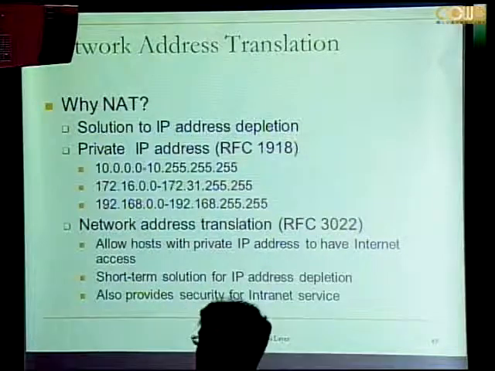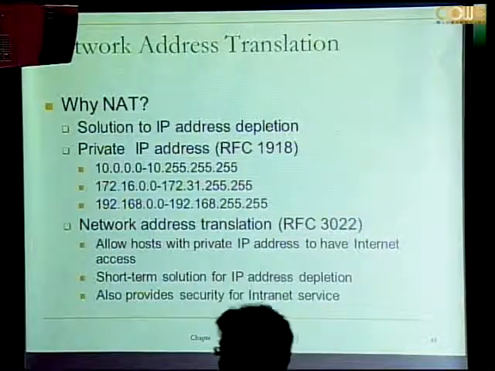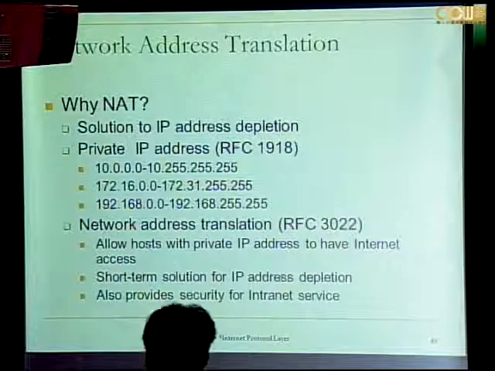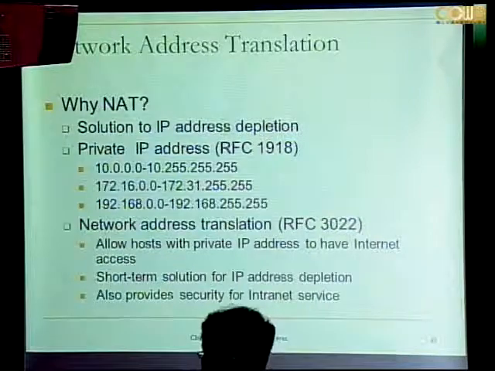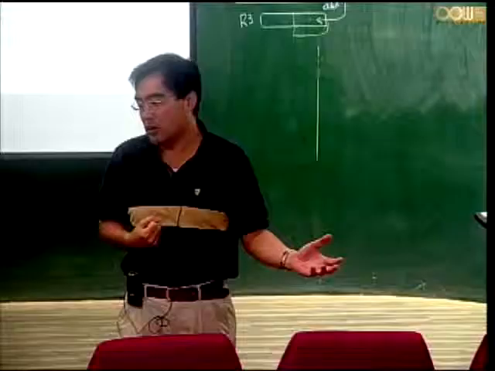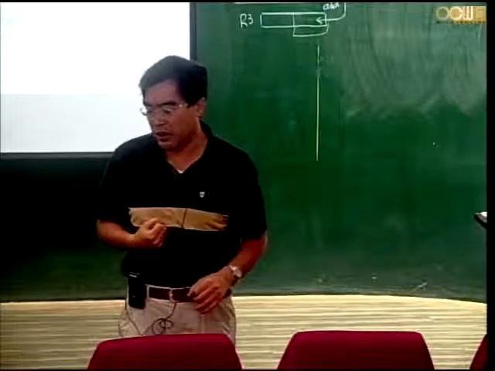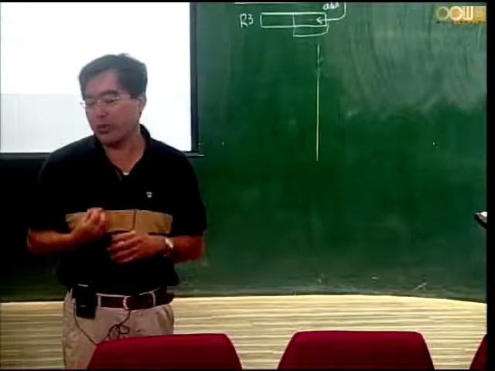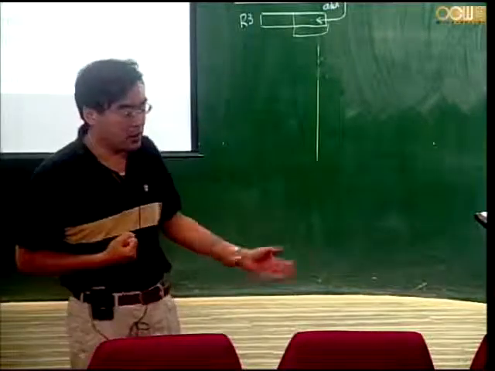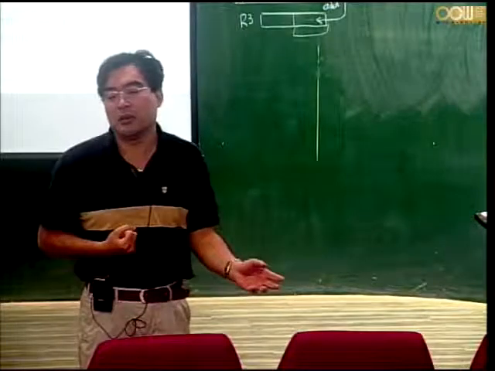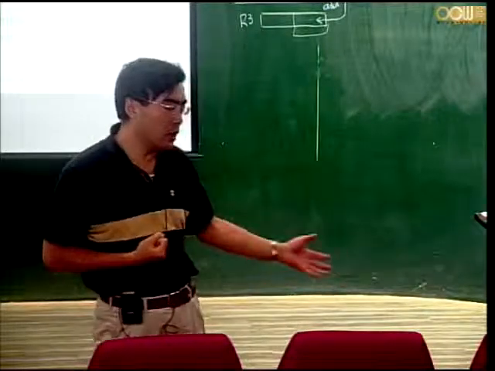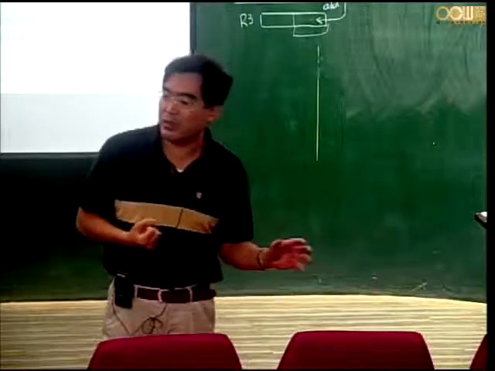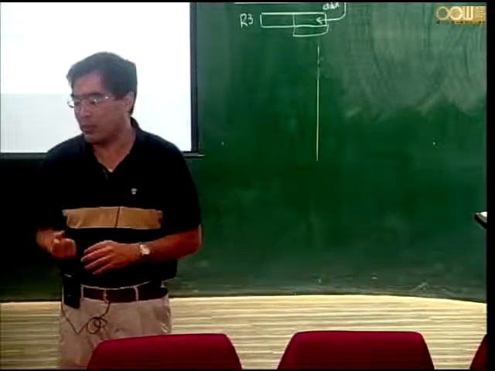Another case is that you got a public IP address from the service provider, and you are a small company, but internally more than one computer needs to go onto the internet. So I only got one real IP address from the service provider, but internally I have 20 PCs. Then I would give private IP addresses to those 20 PCs, and they would share this public IP address.